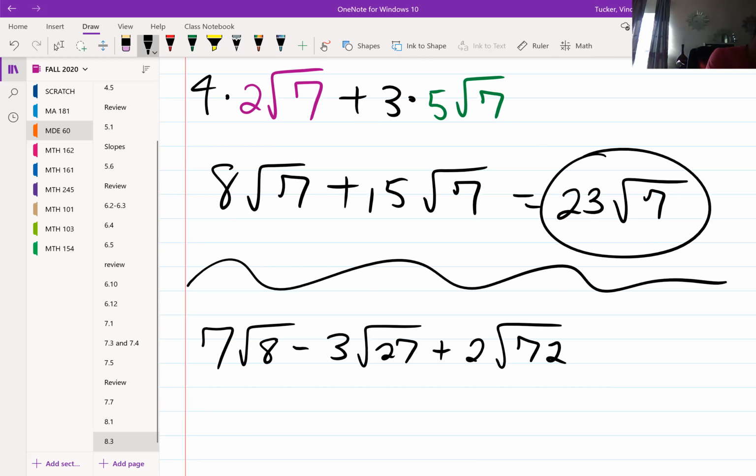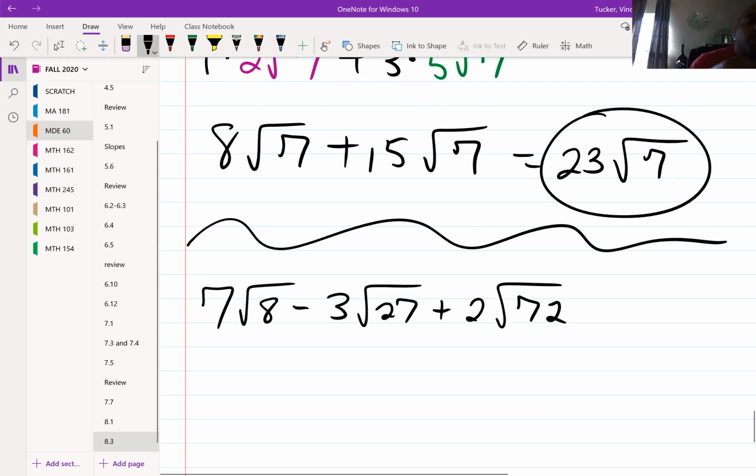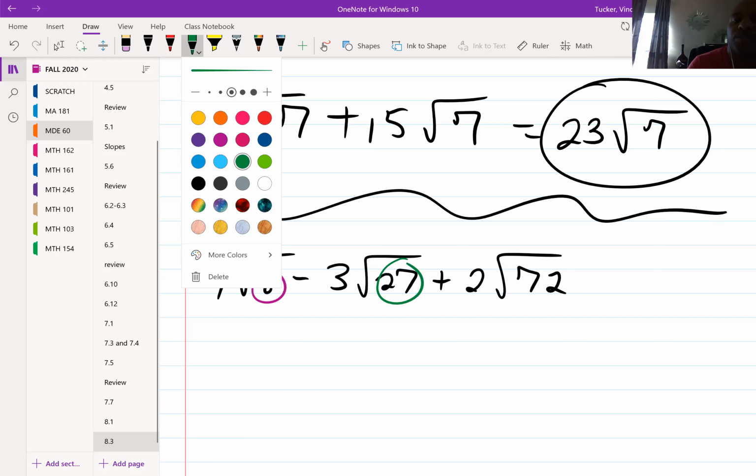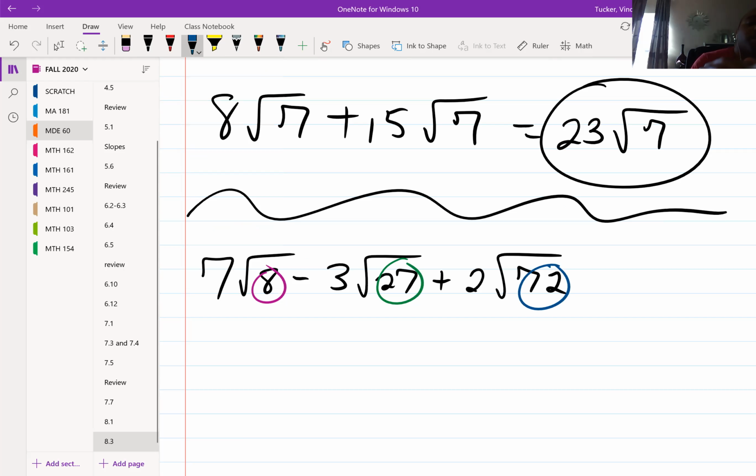All right. So let's look at breaking down each one. So we don't know what we can add or subtract from each other and what we cannot, because we have these different radicals that need to be broken down. We need different colors for each since I have colors at my disposal. Go blue here. All right.